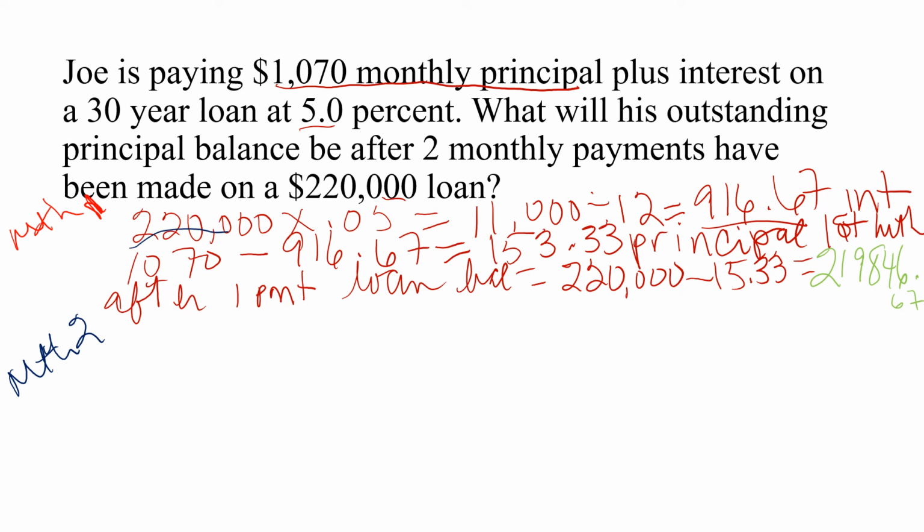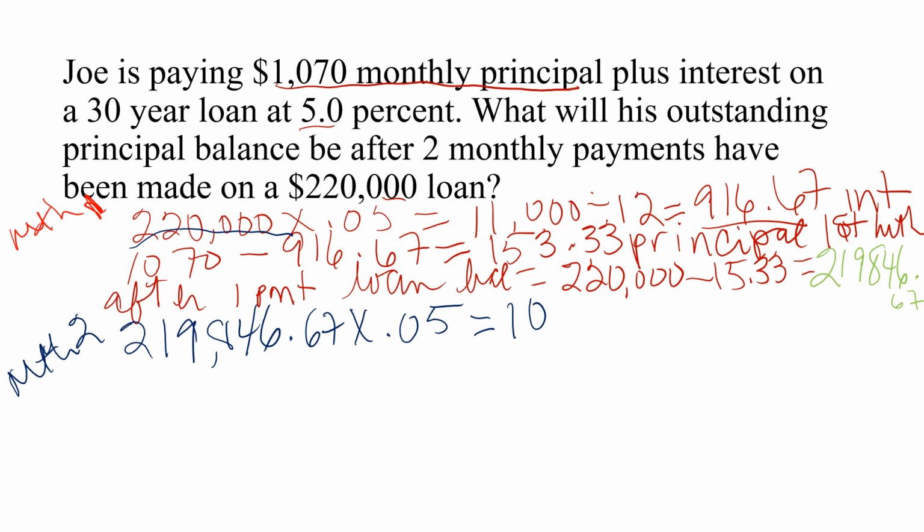Okay, so then on month 2, my loan balance is not that anymore. Now it's 219,846.67 at 5%, which is 10,992.33 per year.